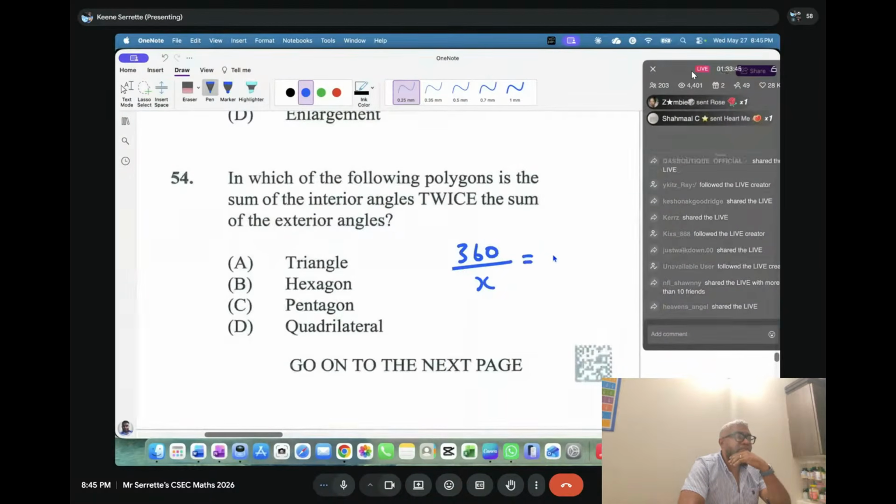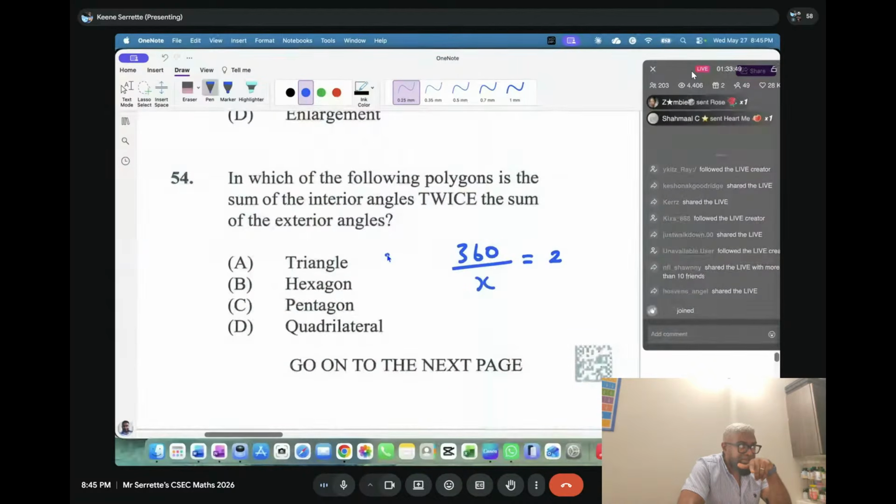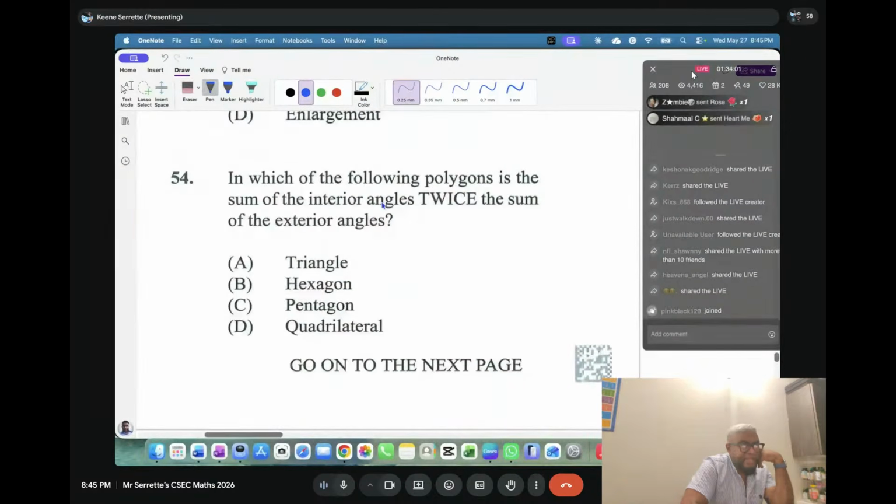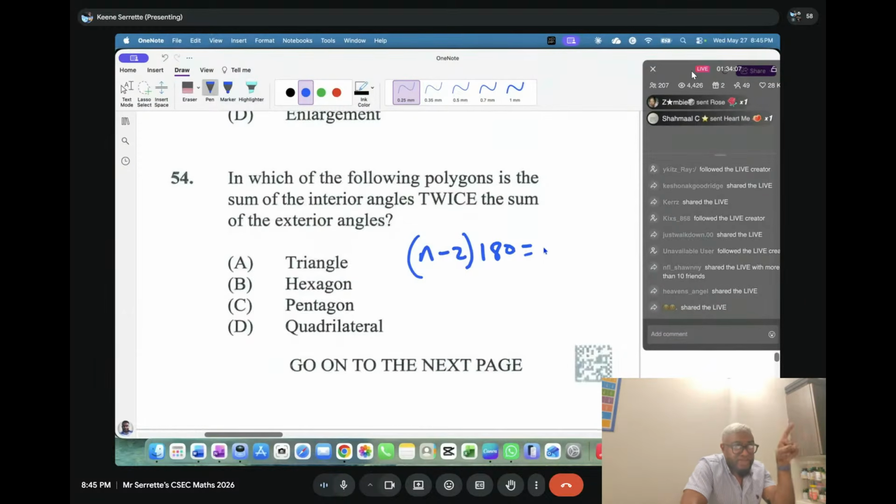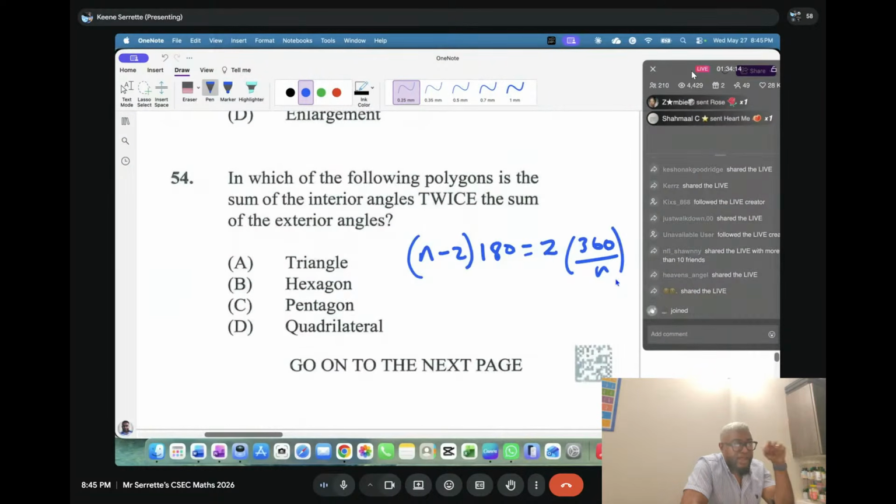The sum of the interior angles is n minus 2 multiplied by 180, and that is equal to twice the sum of the exterior angles, 360 over n. So is this true?